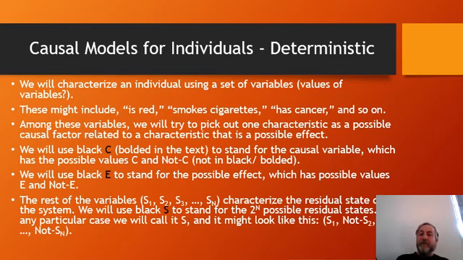Obviously there are an infinite number of ways you could characterize these variables; we're making them binary. If you were thinking about ethnicity, you could have different sets: African American or not, Hispanic or not, Asian American or not, and so on. Is that clear enough? So we have this whole set of values of variables that could characterize me, and two of them we're interested in, the cause and the effect.